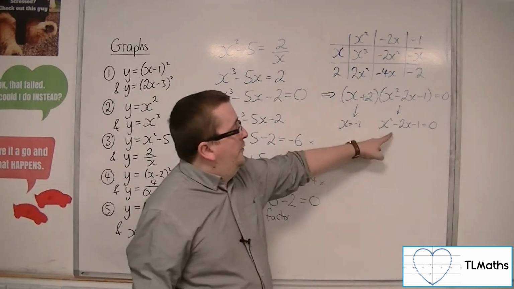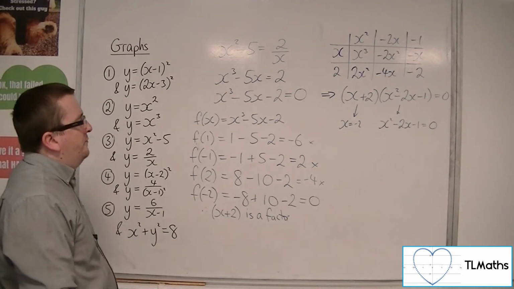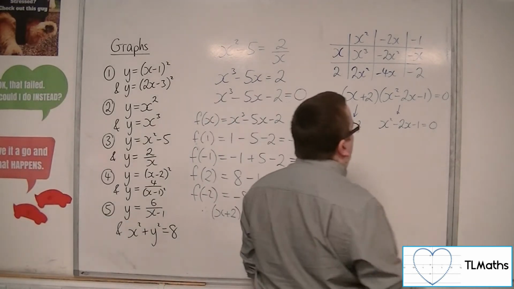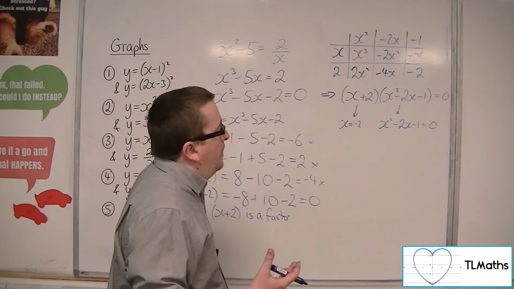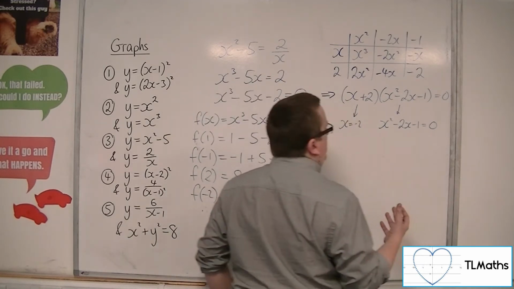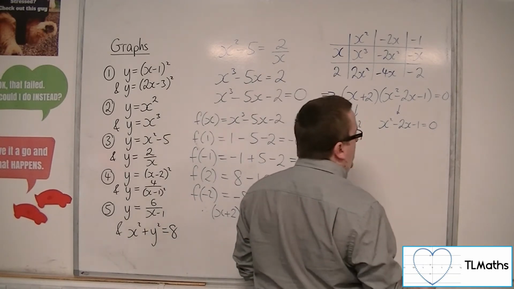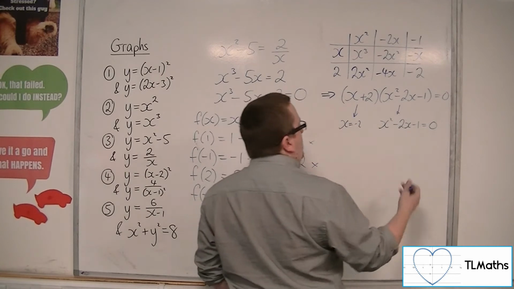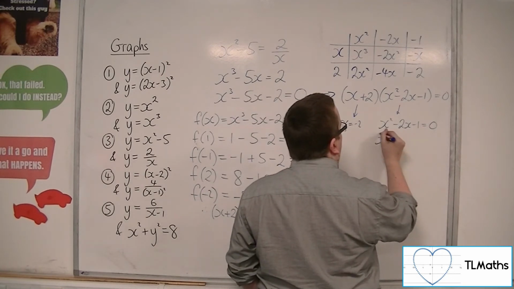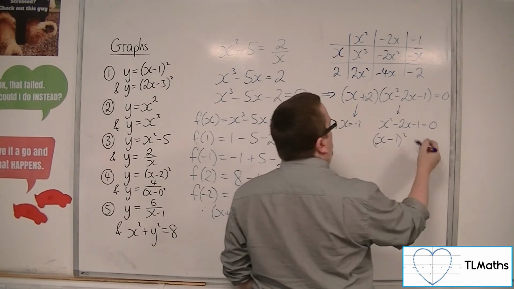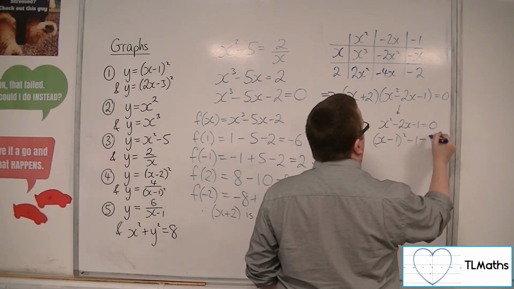Now we need to solve that quadratic equation. Now this quadratic doesn't factorise, so I'm going to have to use either the quadratic formula or completing the square. So I'm going to go with completing the square. I haven't done that for a little while. So x minus 1 squared, take away 1. We've got the minus 1 there as well.